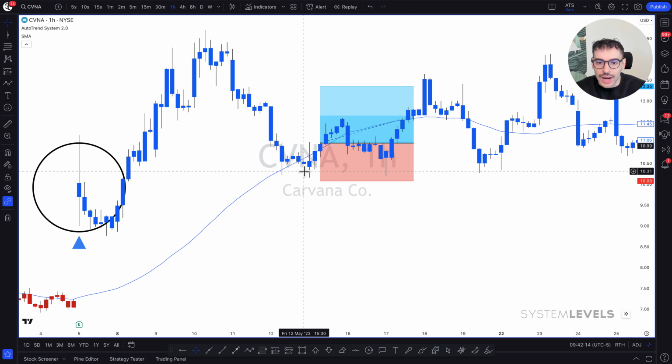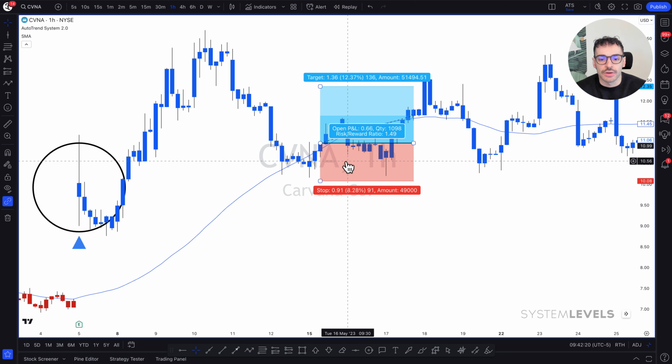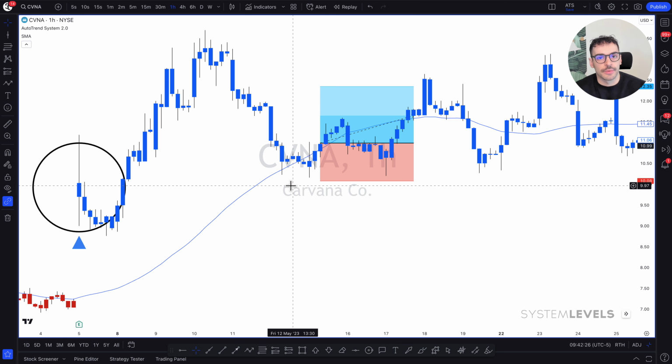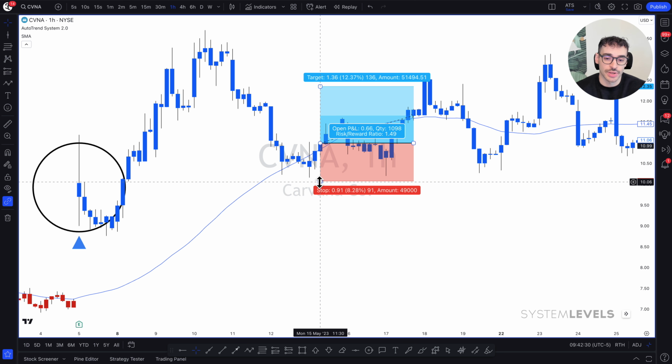We're not trying to take sniper laser-focus entries, because I don't think that's the best way to trade. We cannot know exactly what the price will do. We can only take our setups, manage our risk, and take our profits. And based on my experience, I need to be letting the market breathe a little bit.